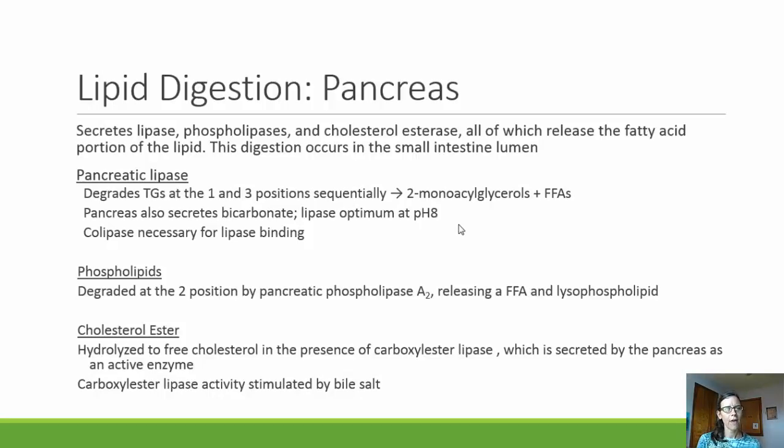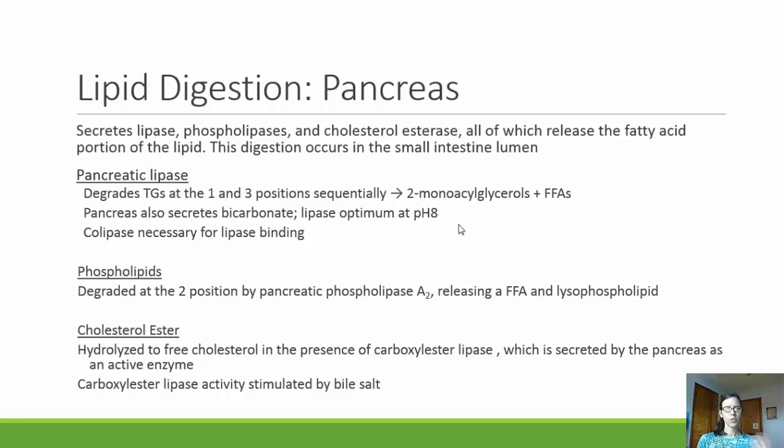Okay, we also have phospholipases. Oh, sorry, phospholipases, please fix that. Phospholipids are degraded at the second position by phospholipase A2, that we talked about just a few minutes ago. What that does is release a free fatty acid and a lysophospholipid. A lysophospholipid is when one of the acyl groups of the phospholipid is removed by hydrolysis.